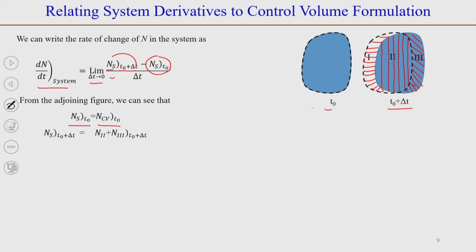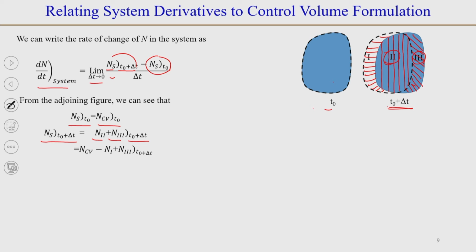Now, let us look at the intensive property inside the system at time t naught plus delta t. We can see that this is equal to what is there inside the system, N2 plus N3, at time t naught plus delta t. Now, N2 is N inside the control volume at time t naught plus delta t minus N inside region 1, because region 2 is still inside the control volume.